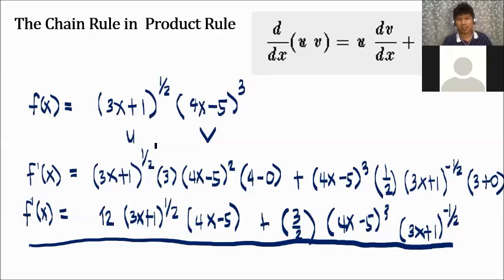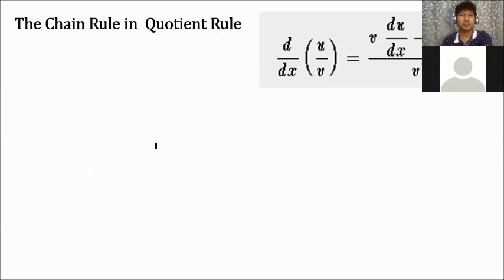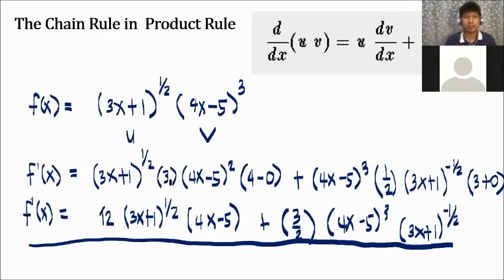Okay. I think you understand it. Also, sir, there's a missing cube here on the 4x minus 5 at the bottom. On the left side, sir. The left, 4x minus 5 squared here. Yes, squared. Thank you for noticing that.